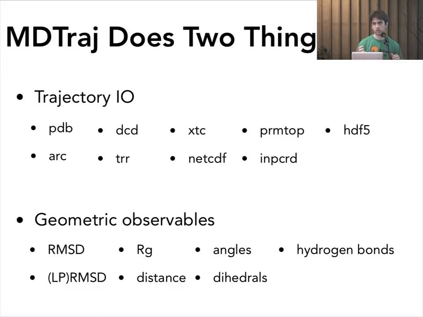It tries to not do too many things and do them pretty well: read everything and compute these geometric observables really, really fast. So we wrote all this extremely low level, but then expose it with a really convenient Python API.